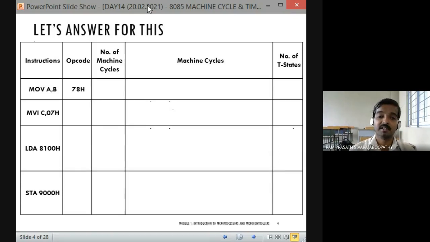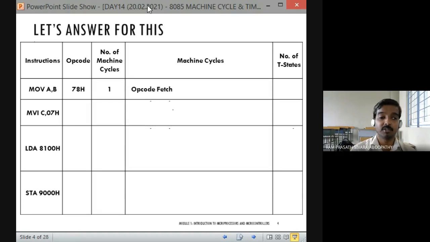That means it doesn't need any more bus access. So it copies the content of B to A in the T4 state of the opcode fetch machine cycle itself. That means fetch, decode and execution all happen in 1 machine cycle. So only 1 machine cycle is involved here, that is only the opcode fetch cycle.